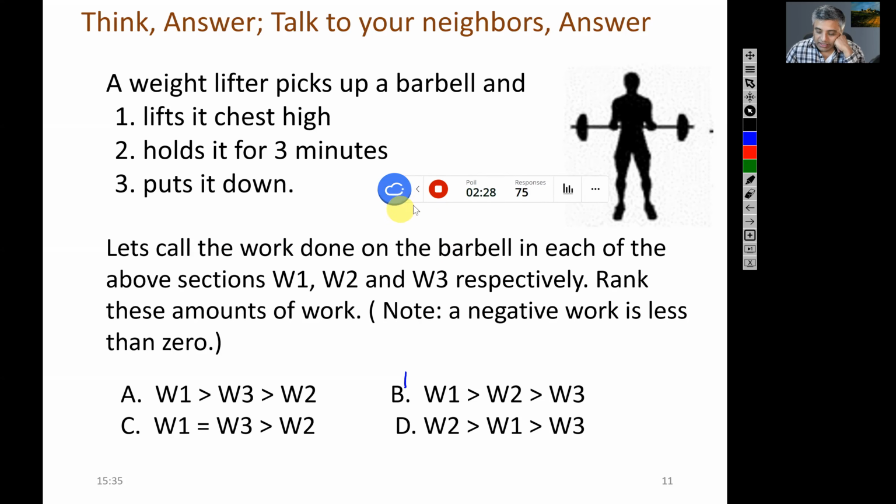I received a private message on the chat. Looks like I forgot to mark the correct answer for a particular question. Well, let's see if I know how to go there. For polling, how do I go back?